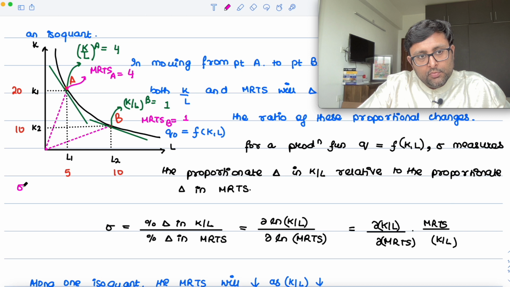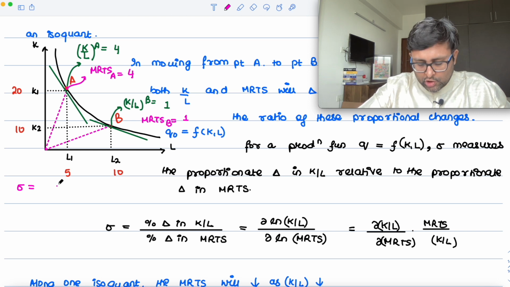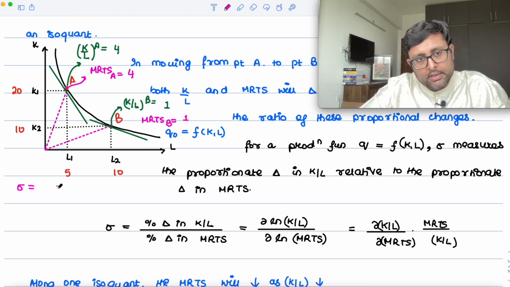So elasticity of substitution would be what? The proportionate change in K by L upon the proportionate change in MRTS. So it is K by L ratio at point B minus K by L ratio at point A, upon 4, divided by MRTS at point B minus MRTS at point A, upon MRTS at point A. So this is what you get as 1.